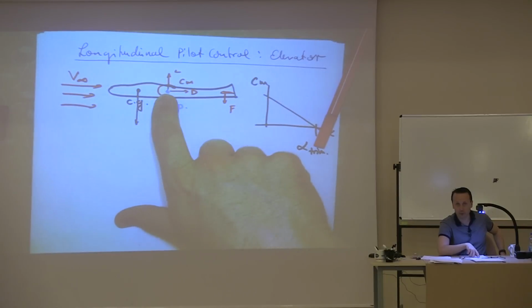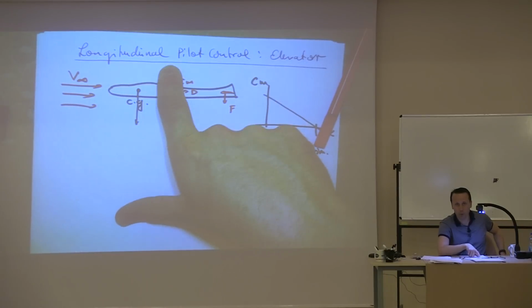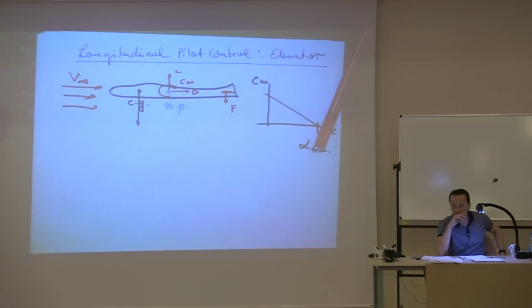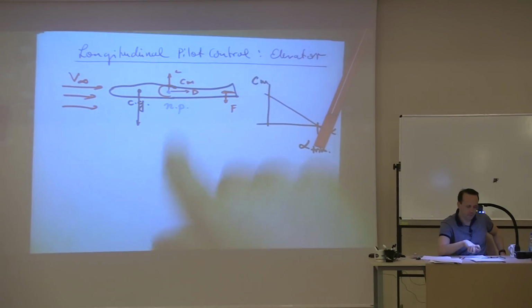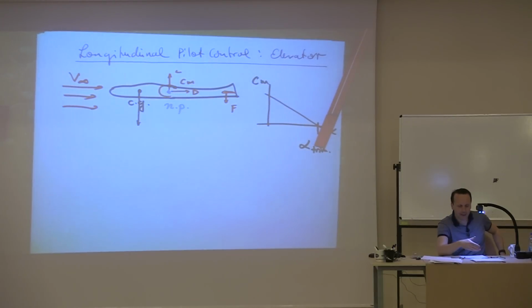The moment arm will become smaller, and therefore not enough moment, and therefore nose up. Good. So can I control the nose up, nose down motion by changing the CG? Could I potentially do it? I mean, potentially. I move a weight in the airplane. I actually could.